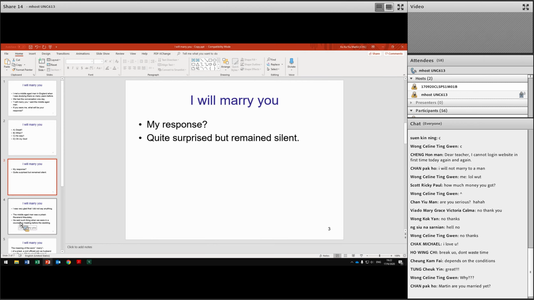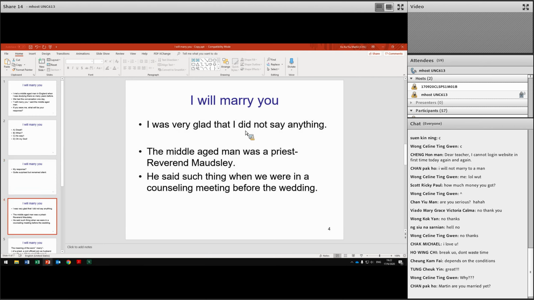Of course, you have to know the context under which the gentleman said this. If you know the context, of course, you will know what it actually means. I was very glad that I did not say anything. The middle-aged man was a priest, Reverend Mosley.